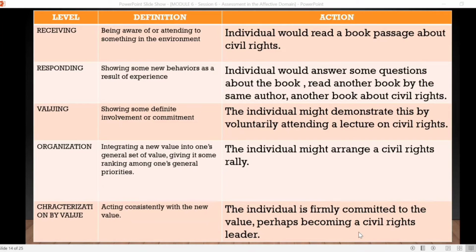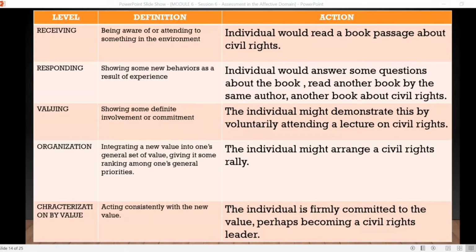Another example, Jenny, for instance, picks up the litter in the canteen. She tells others, please pick up this litter, please pick up this plate. I would know that Jenny is already at the characterization level. She is acting. Even if it is hard, she does it. Characterization by value.